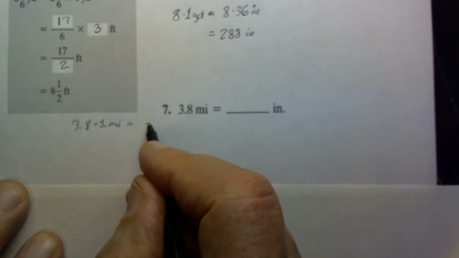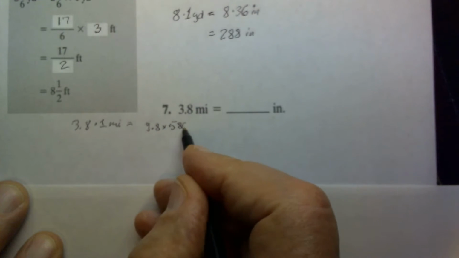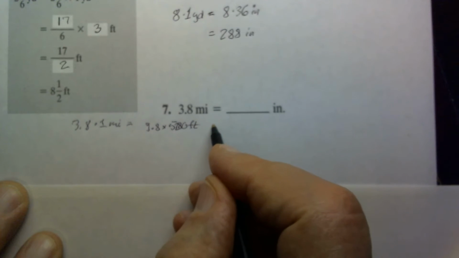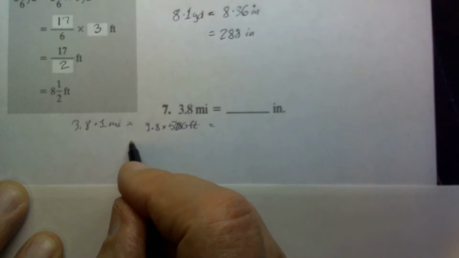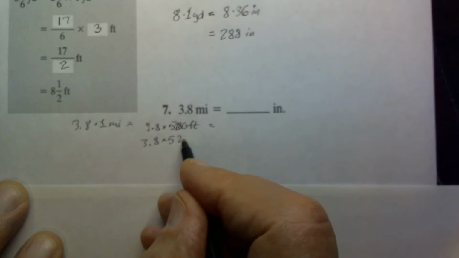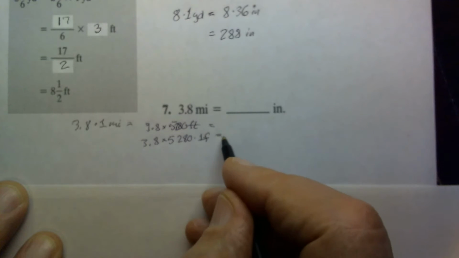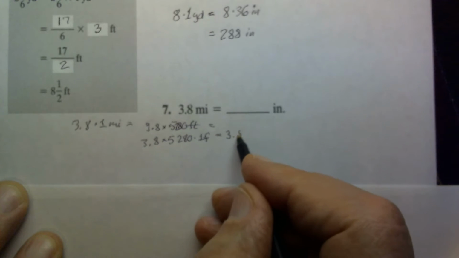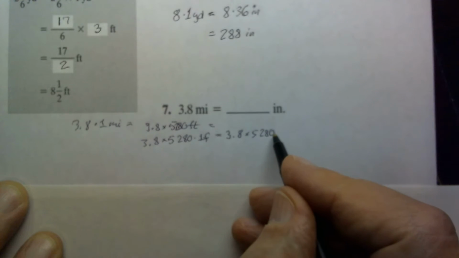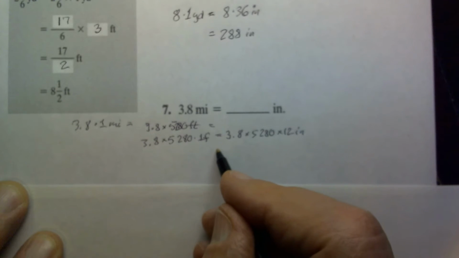So it's 3.8 times 5,280 feet, which is equal to 3.8 times 5,280 times 1 foot, and that's equal to 3.8 times 5,280 times 12 inches, because there are 12 inches to a foot.